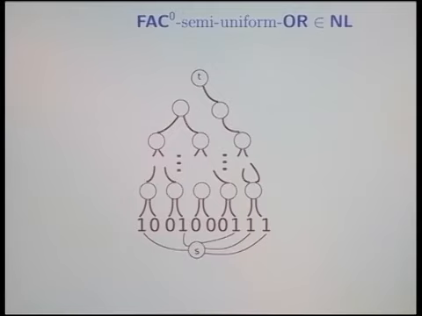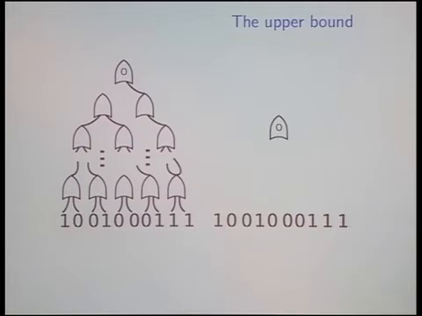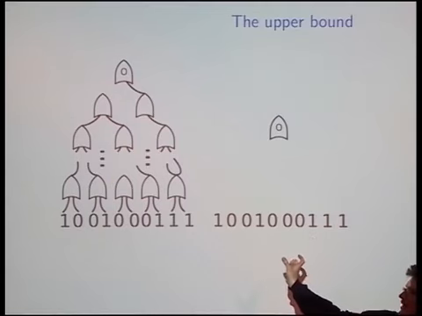And so now, what about the uniform version? This is a slightly more subtle problem, and I'm going to tell you the best result we have so far. In this case, we have one OR circuit that's going to work for all input lengths.